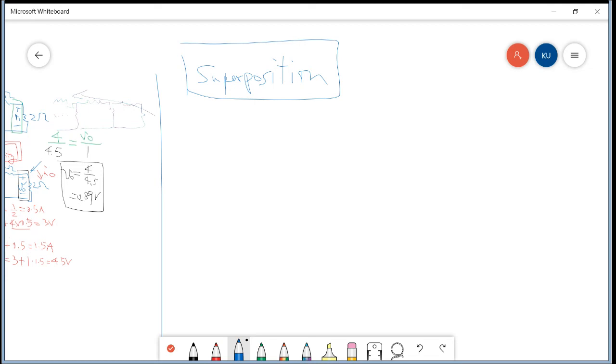Maybe for this simple circuit, we have 5 ohm.